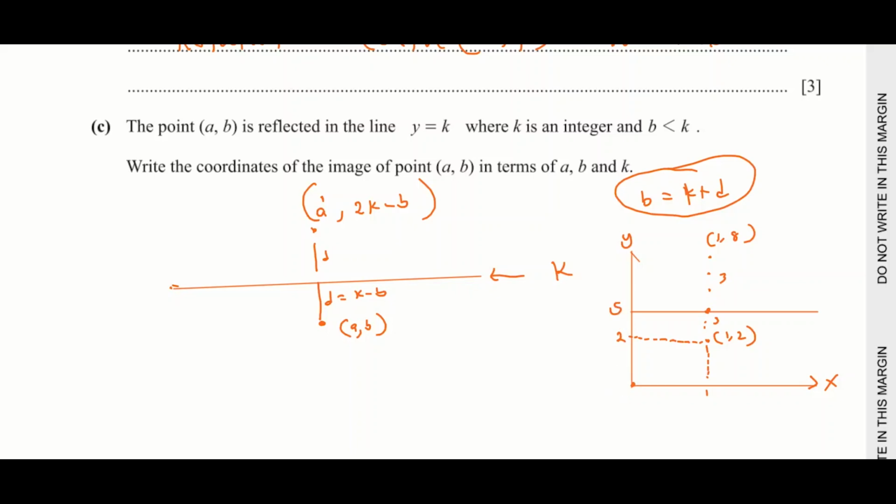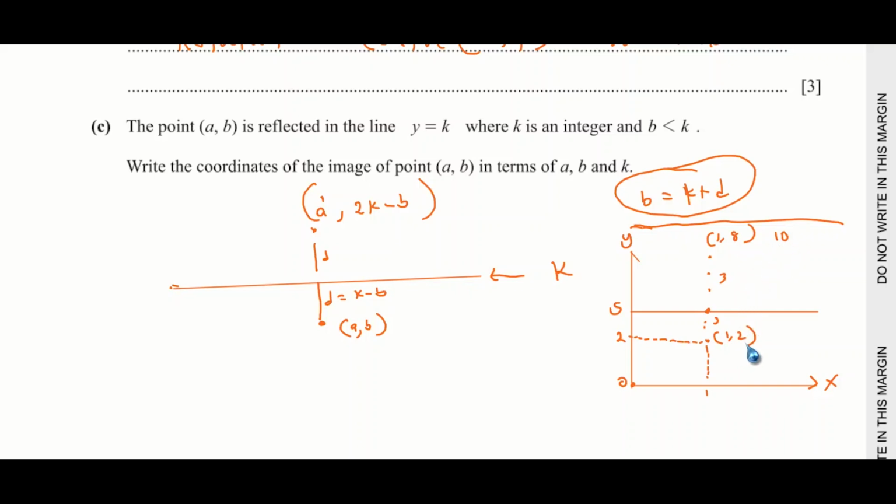So if we double it, that will be 2 times 5, 10. That means we're going to have something like this, a line here. So we're going to have 10. But we need to get 8. So if you write 10 here as the y coordinate of this point, it is too much.